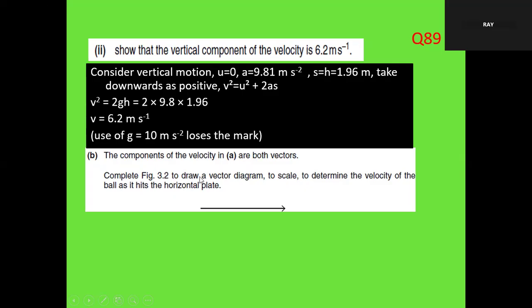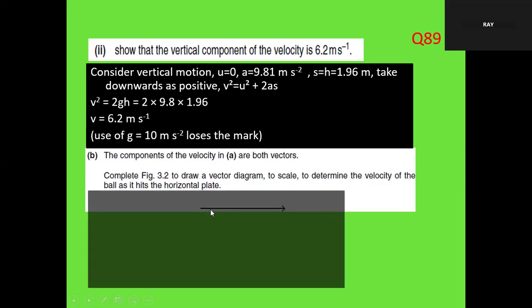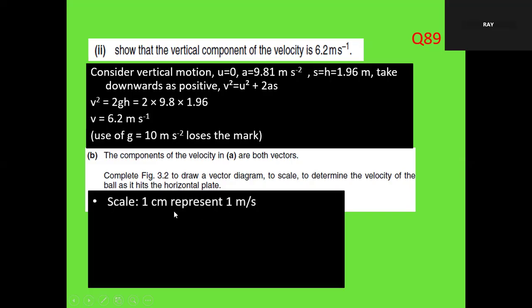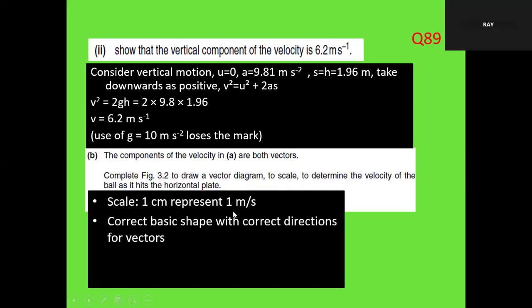Complete 3.2, draw a vector diagram to scale, determine the velocity of the ball as it hits the horizontal plane. Right? That one is drawn for you already, horizontal component drawn to scale. You have to choose a scale. Scale 1 cm represents 1 meter per second.